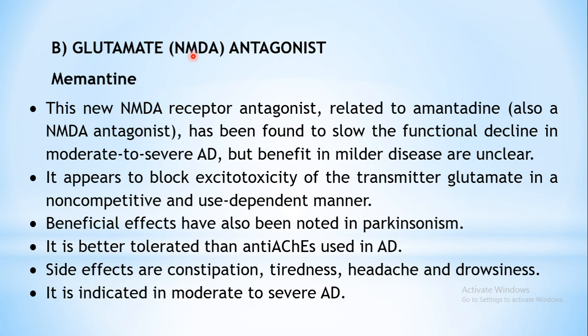That is the drug which also blocks this type of receptor. Now glutamate receptors are excitatory receptors found in the brain. So by blocking this excitatory receptor, memantine blocks the excitotoxicity of the transmitter glutamate.